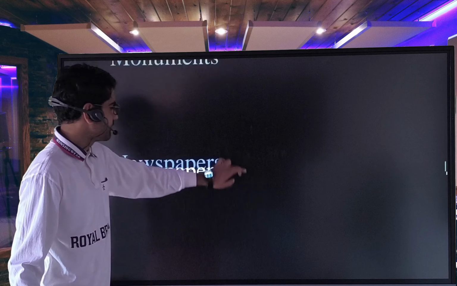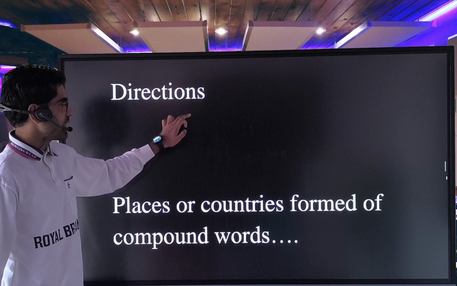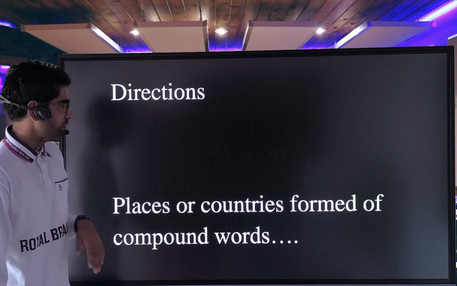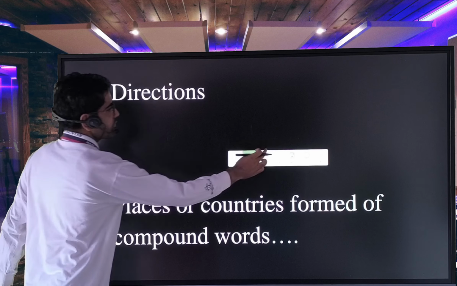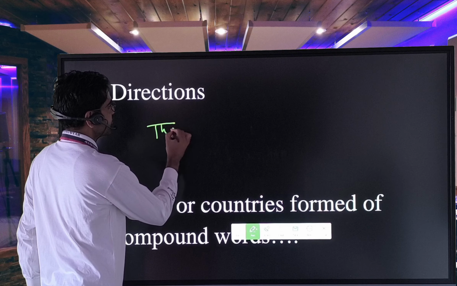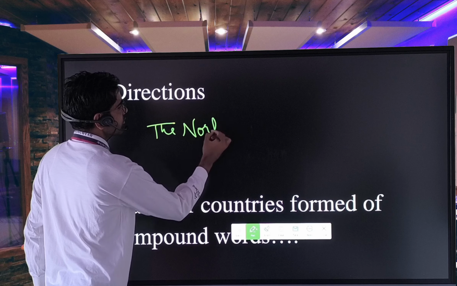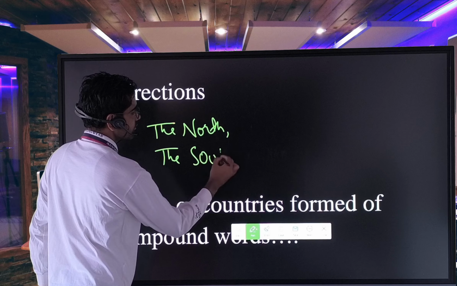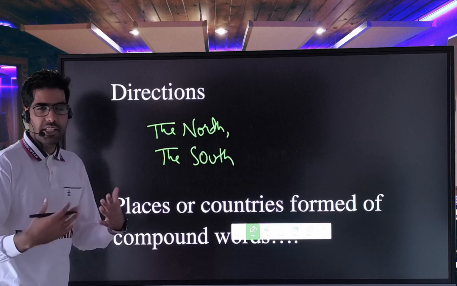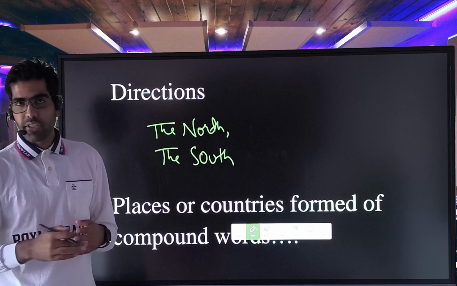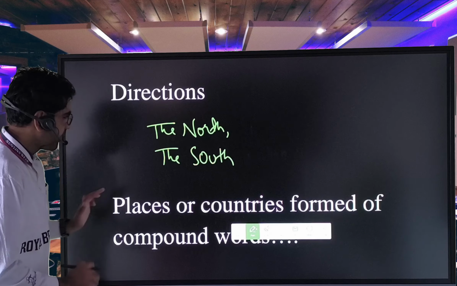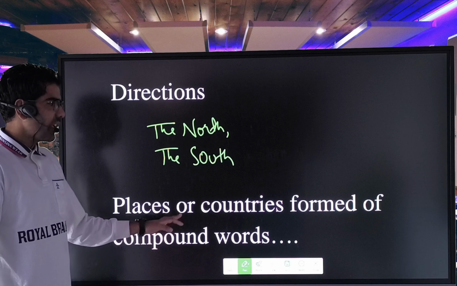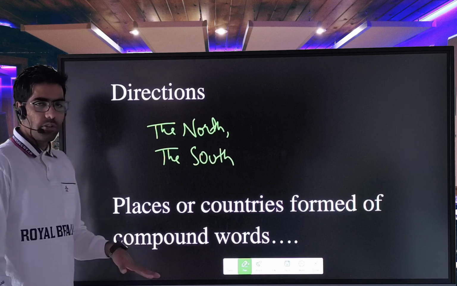Let's move ahead. Dear students, talking of directions, always use the article there. Directions like the north, the south, the east, the west, हमेशा इनके साथ आर्टिकल the यूज करना है। Dear students, now places or countries formed of compound words.